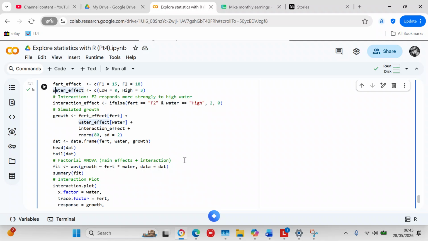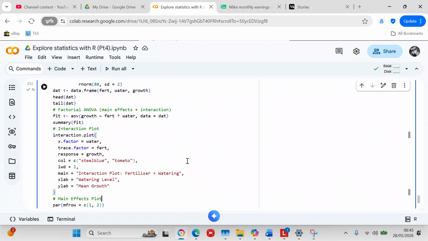And the water effect, low is 0, high is 3. So when we created our sample data, we created it to have a significant difference between the fertilizer and growth.